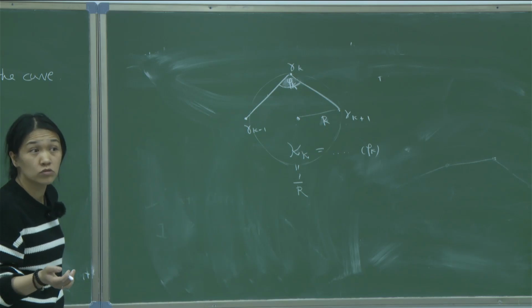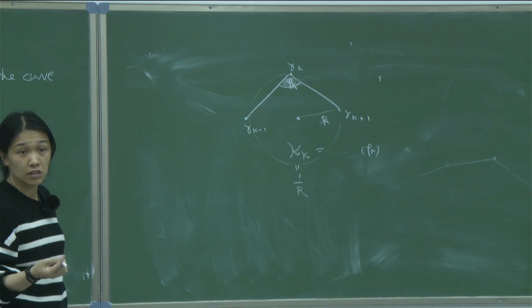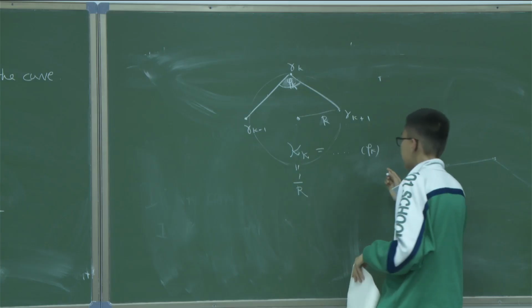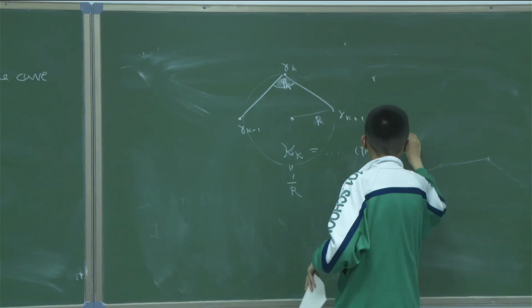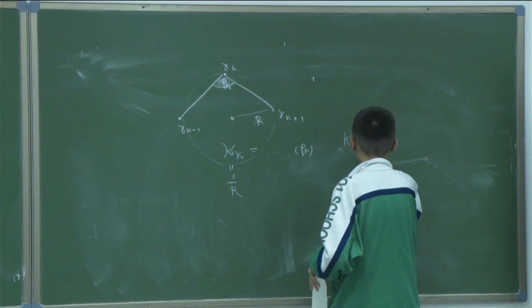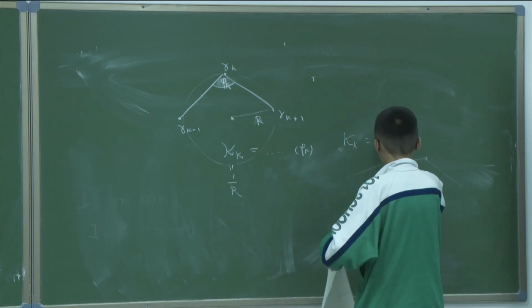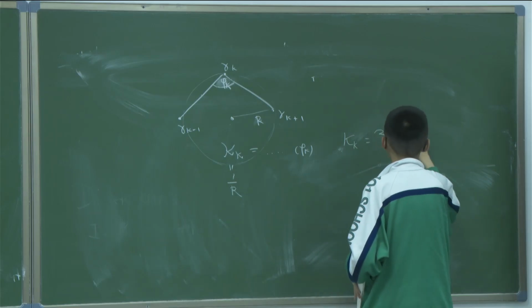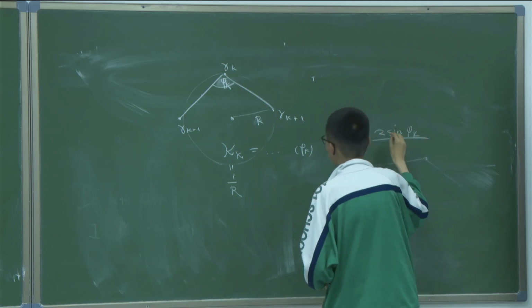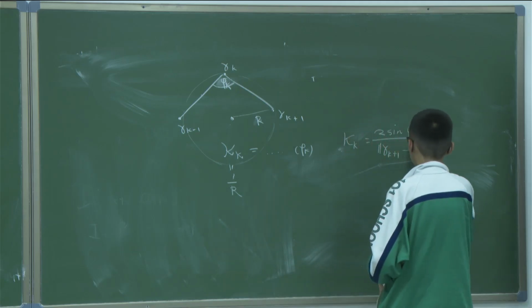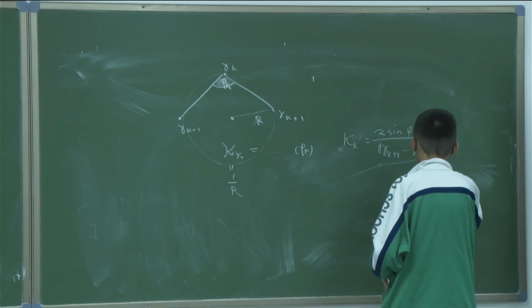It's not the most natural choice you can make because it's a discrete thing now. We can attach to gamma k the curvature kappa k, which equals 2 sine of phi k over the length between gamma k plus 1 and gamma k minus 1.